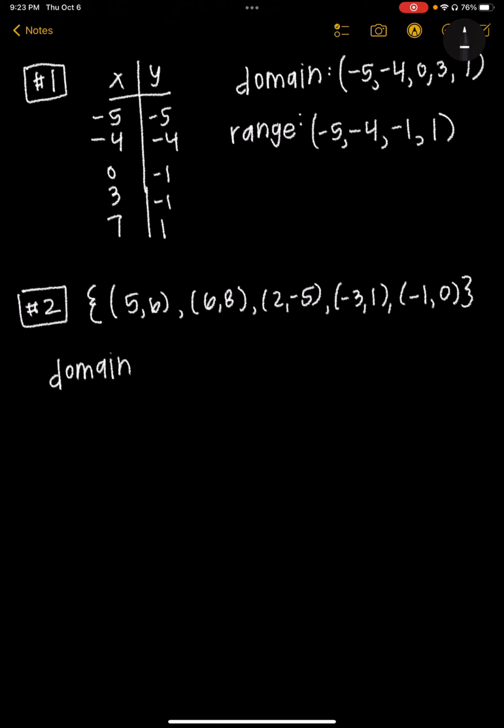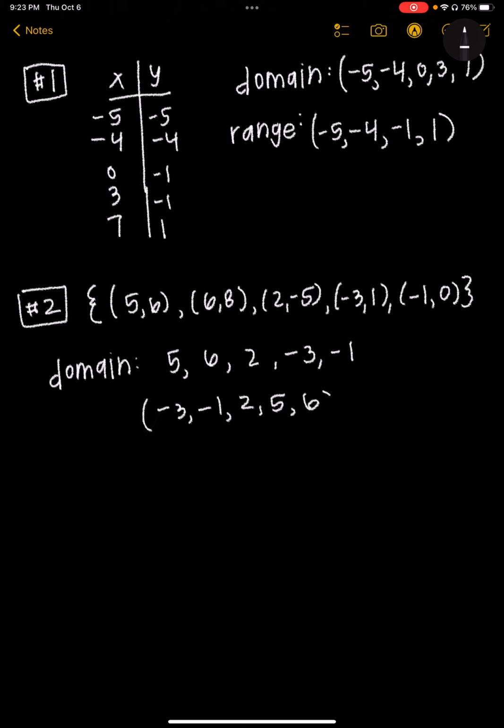So if I just go down this row, my x values are 5, 6, 2, -3, and -1. To make it pretty, I'm going to put it in order from least to greatest: -3, -1, 2, 5, and 6.